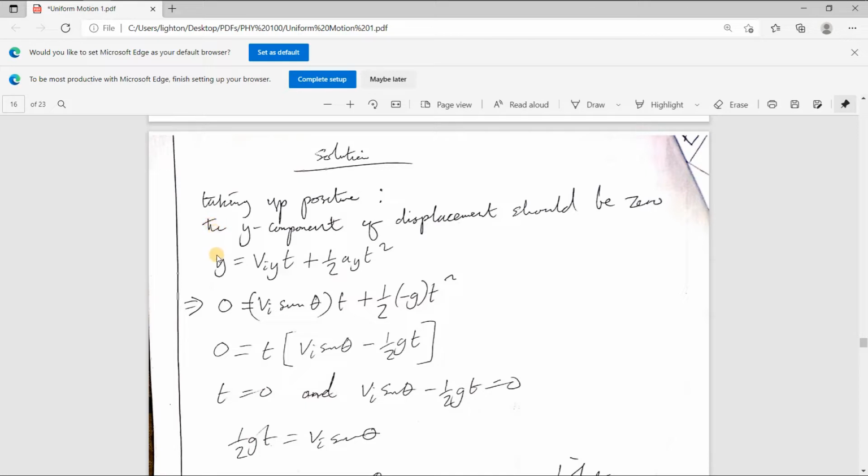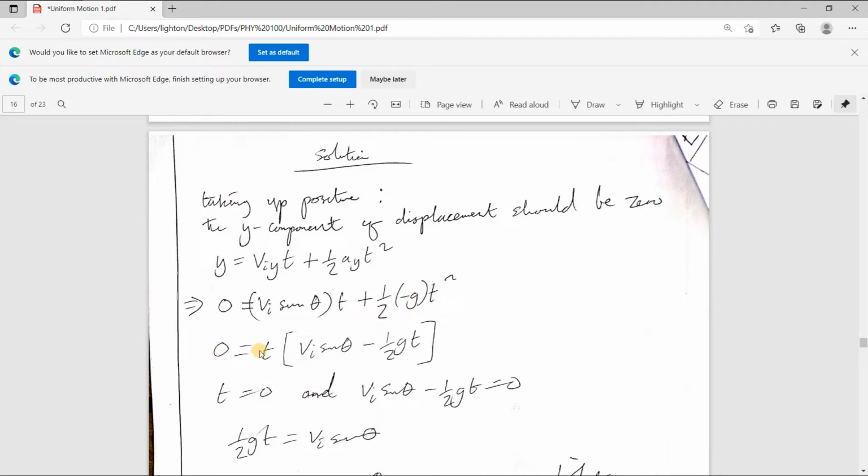So y is equal to v_iy t plus half a_y t squared. Y is 0 here. That's the displacement in the vertical axis. Now v_iy is just v_i sin theta times time, plus half a_y, which is minus g, negative gravity, t squared.